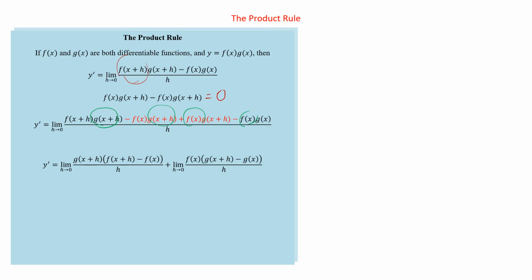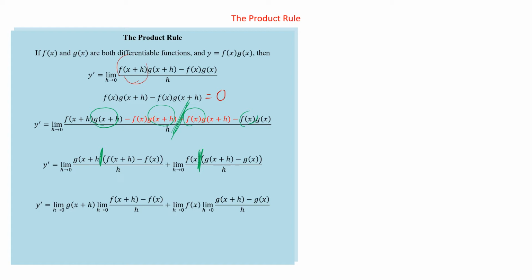I also split the limit up into two pieces here, because we can split it up at that addition. And so then from here, we can actually split the limit up a little bit more, because this multiplication, we could take into its own limit, and this multiplication we can take into its own limit. So when we split that up, we get something that looks like this.